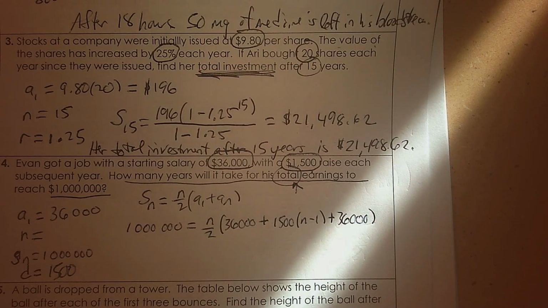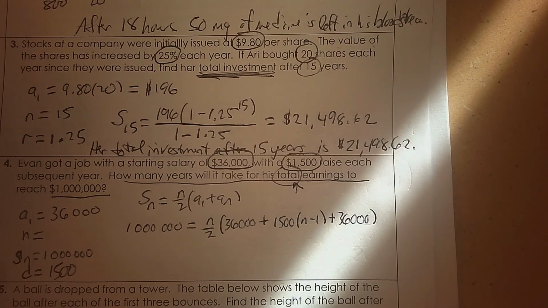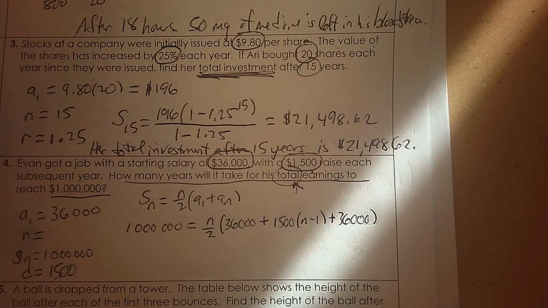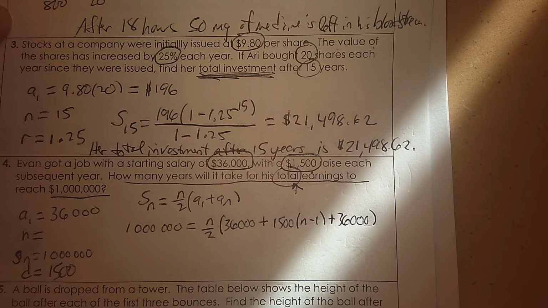Now, press F2 and type it all in. I'll do the same thing. F2, solve, 1 million. That's 6 zeros. One day, somebody in this room will make 6 figures. Maybe more than one person. I'm going to use x. x divided by 2, and then I'm going to type in 36,000 plus 1,500.